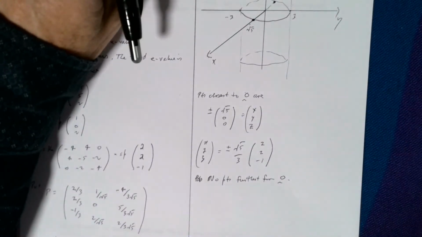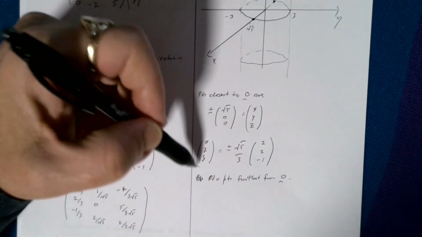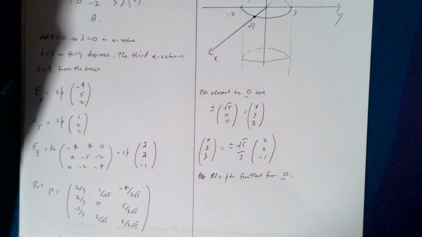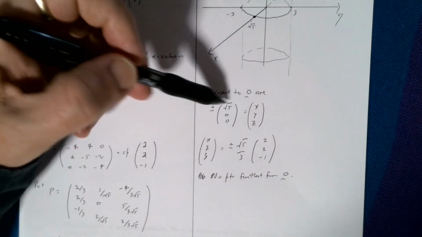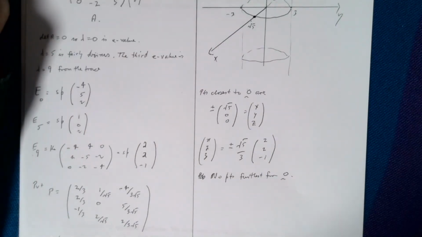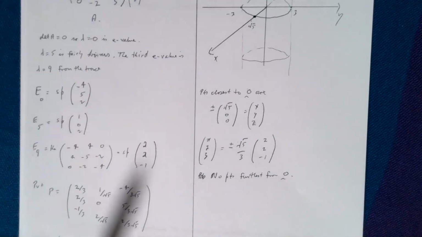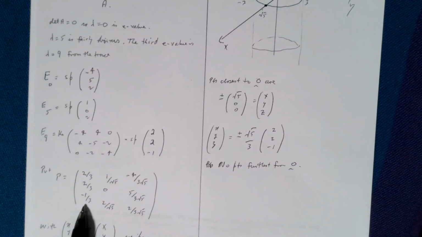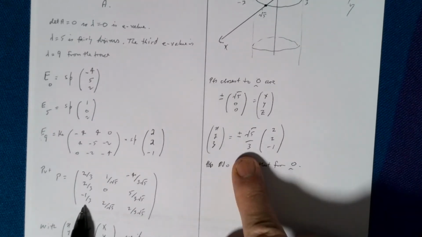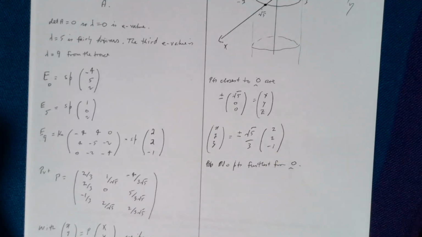And we'd like to know what that is back in terms of the little xyz. So we simply multiply this by the matrix P, and you'll get a √5 from there. If you look back to P, you'll get a divide by 3 over here, and you're just picking off the first column, so you'll get 2, 2, minus 1. So they are the points that are closest to the origin.